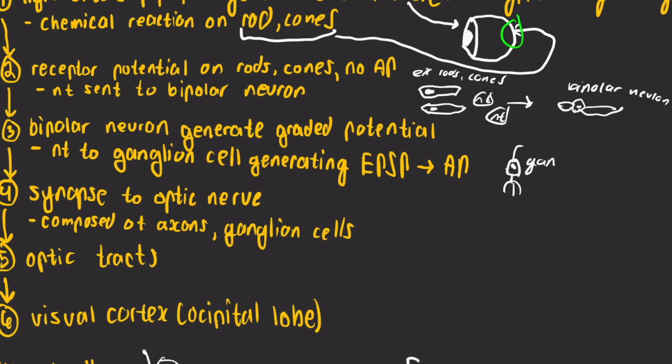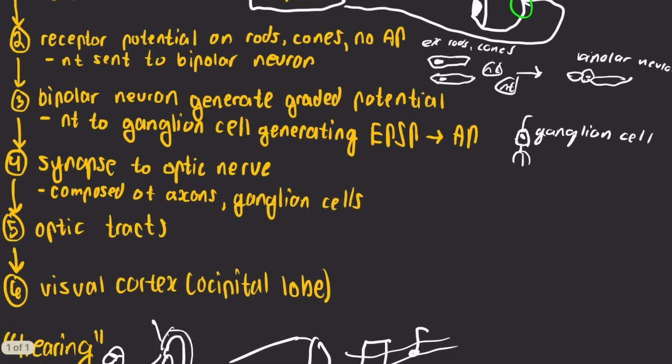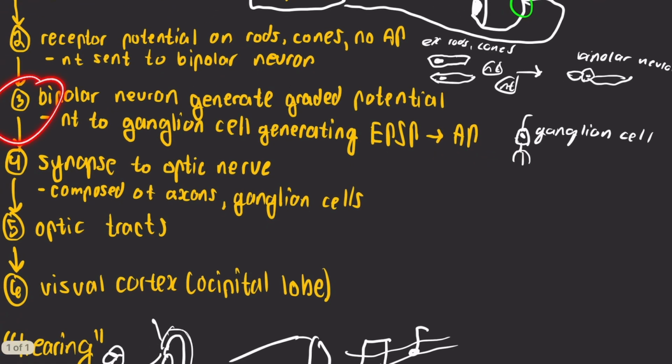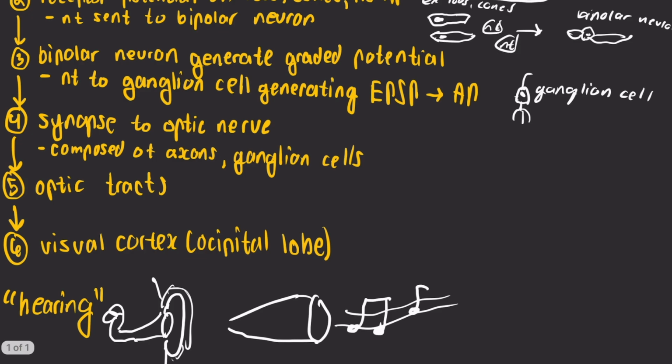It will send those neurotransmitters, our chemical messengers, to this ganglion cell, and this will generate an excitatory postsynaptic potential, and then eventually an action potential. After this step, now that we have an action potential going on, we will then have those synapses going to the optic nerve.